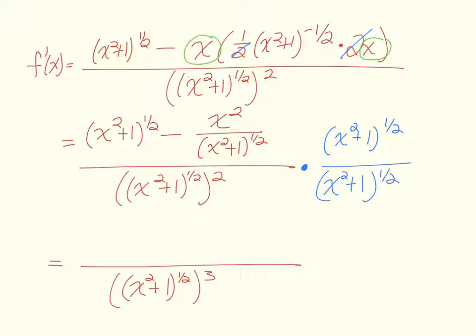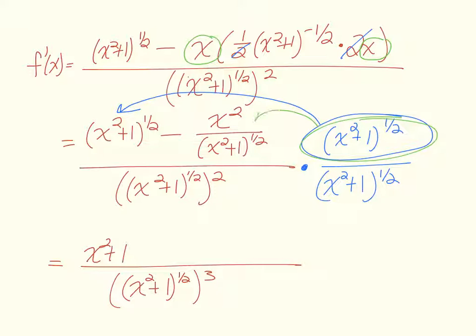And in the numerator, since we are multiplying this term to the first term, we add the exponents together since x squared plus 1 is the same base as x squared plus 1. So 1/2 plus 1/2 makes an x squared plus 1. Since we are multiplying this also to the second term, that will cancel with the denominator, and thereby eliminating the fraction in the numerator, just leaving us with a minus x squared.